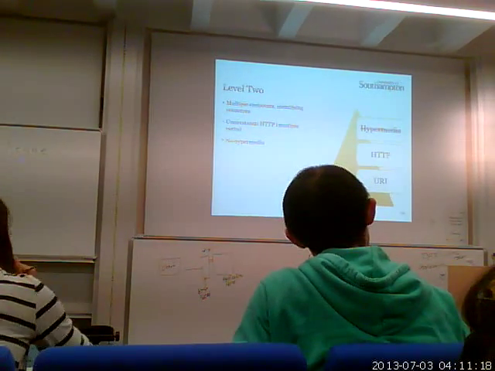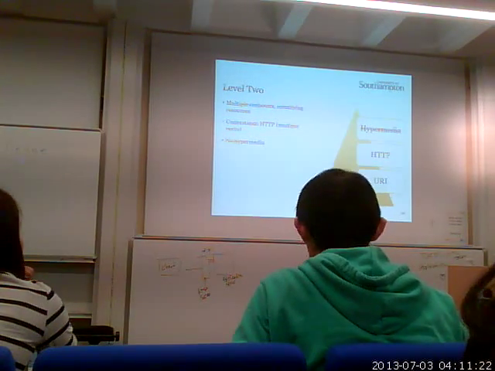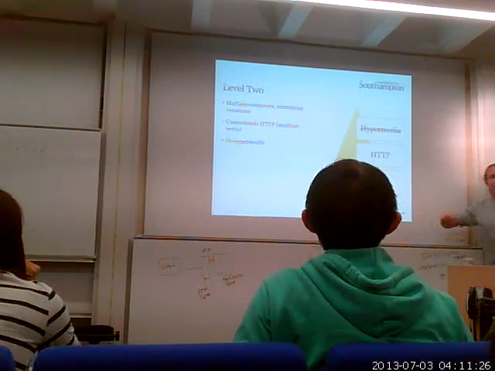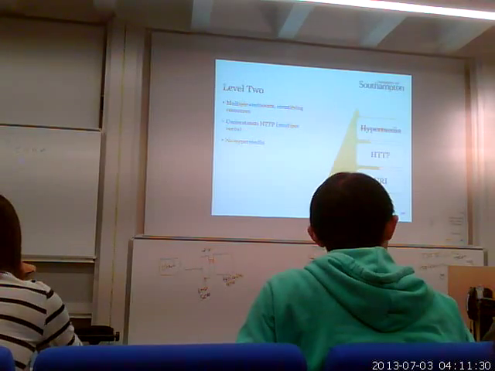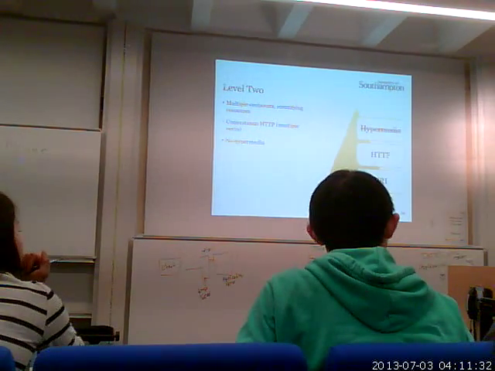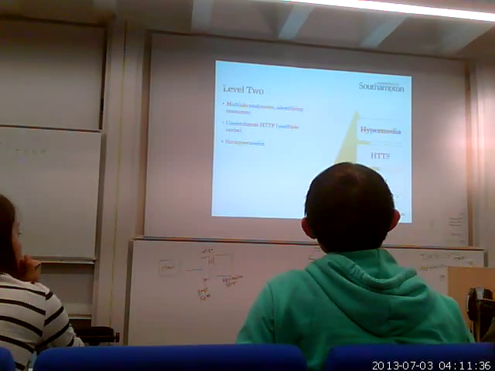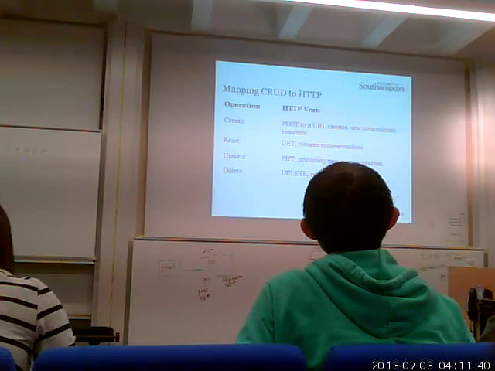So level 2, we're just one level away now. Level 2, we have the same as level 1 where we have URIs representing all the different resources, but we add to that using HTTP and its methods as part of the interaction process. And typically, not always, but typically, we'll map those onto something called CRUD.